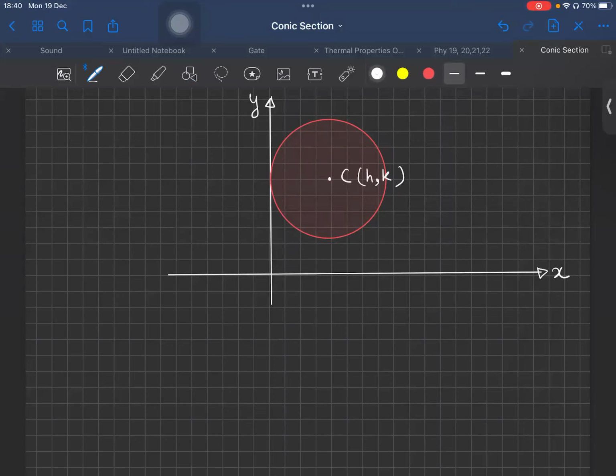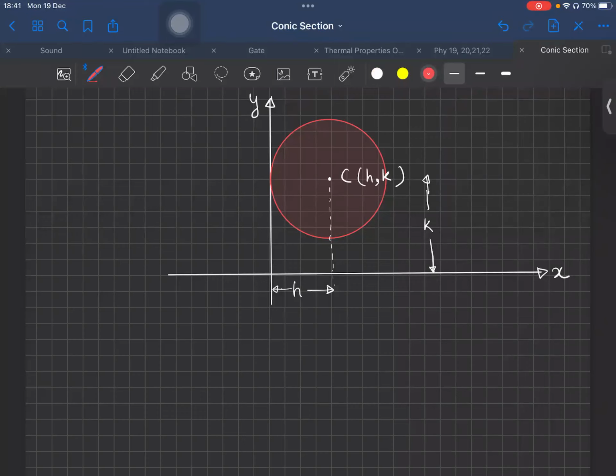So this distance is h, and this one is k. Which one is the radius of the circle? The radius of the circle is how much? H, sir. Yeah, very good.